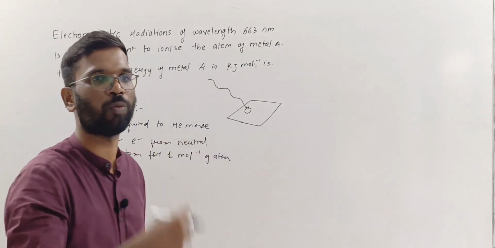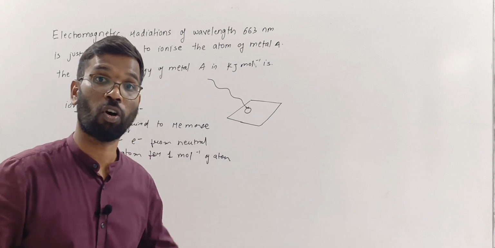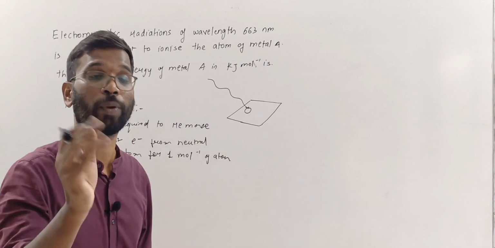So it is the energy required to remove the outermost electrons of 6.023 into 10 to 23 atoms.